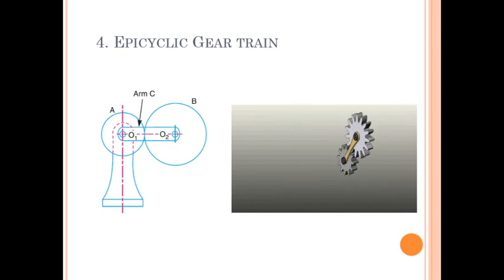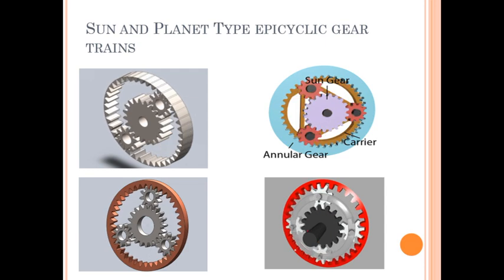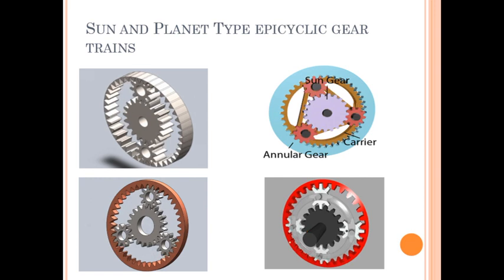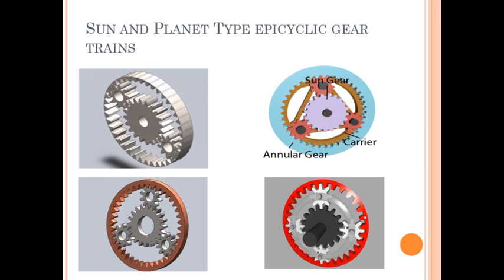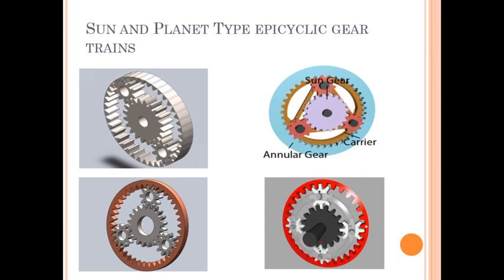The epicyclic gear trains are used in the back gear of the lathe, differential gears of automobiles, hoists, pulley blocks, and wristwatches also. Now, these epicyclic gear trains are generally used in sun and planet type of gear trains as well. That is nothing but sun and planet type of epicyclic gear trains are possible.